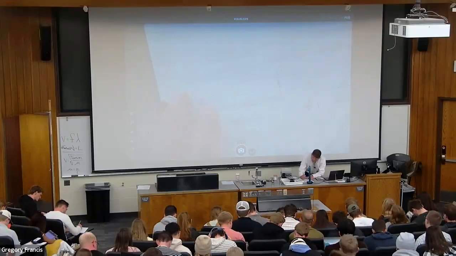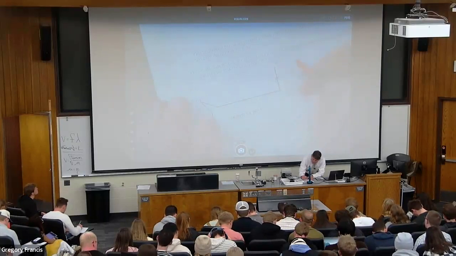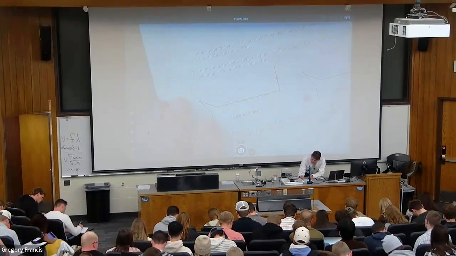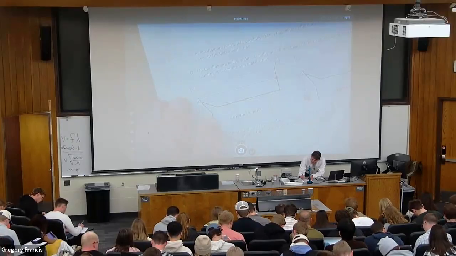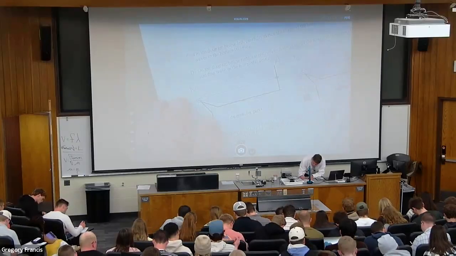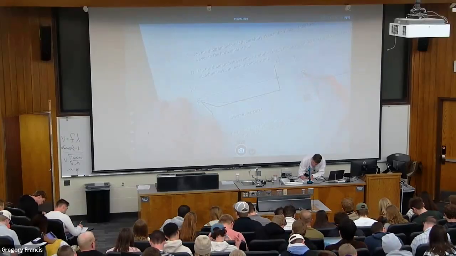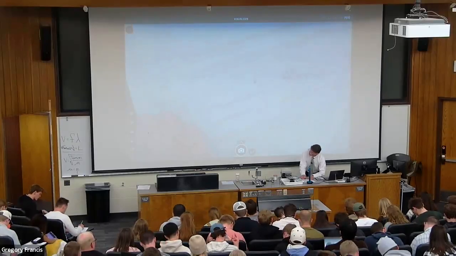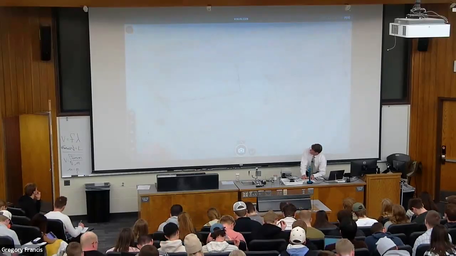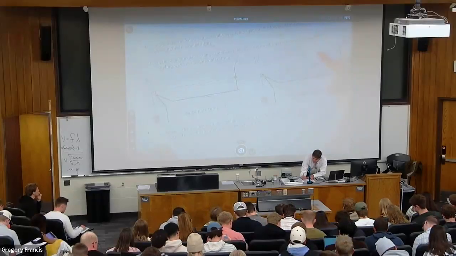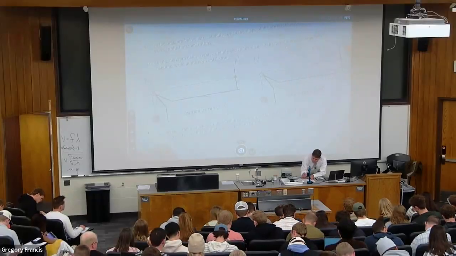Now, the next lowest frequency, if this is a node and this is an antinode, I have to add another node and another antinode. So this would be an antinode, this would be a node, this would be an antinode.